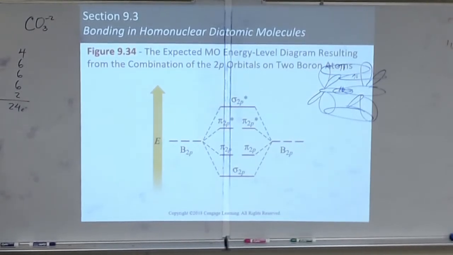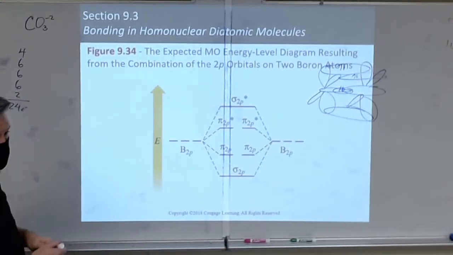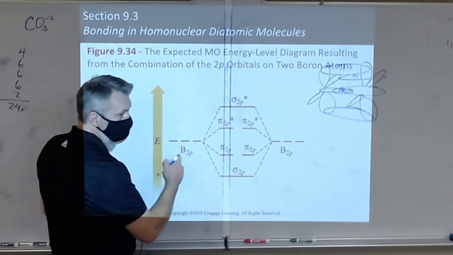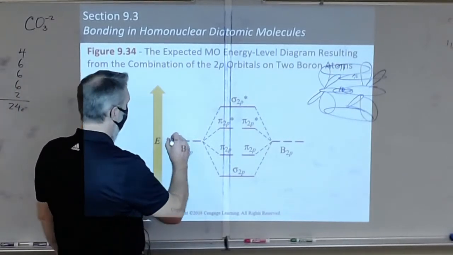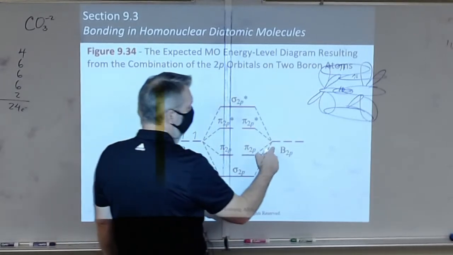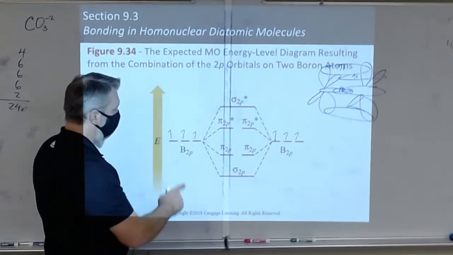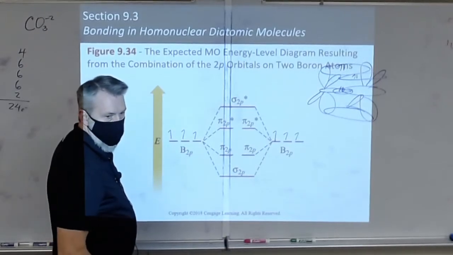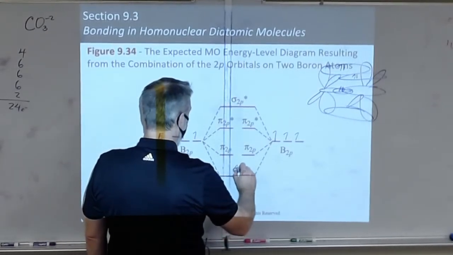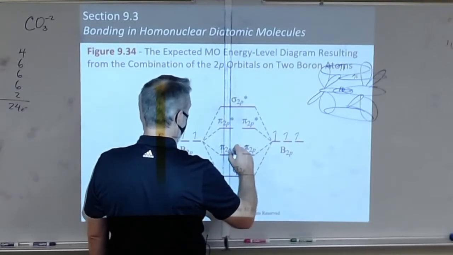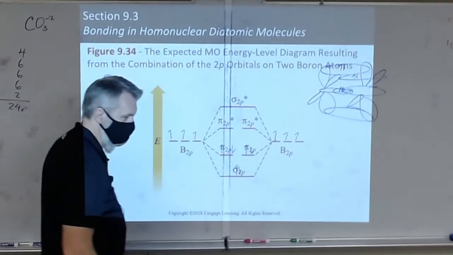So how many valence electrons does boron have? 3. 1, 2, 3. And this one also has 1, 2, 3. How many total do I have now? 6. Let's fill from the bottom. 1, 2, 3, 4, 5, 6.